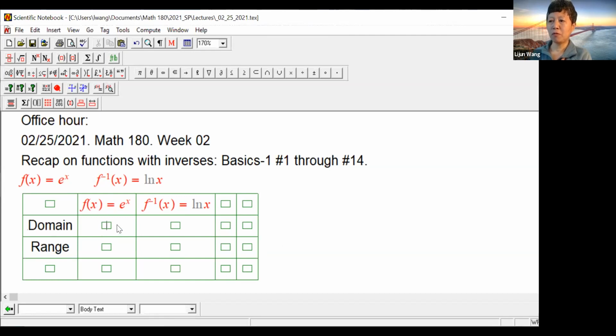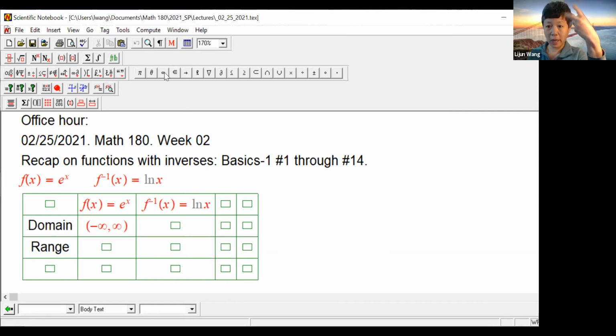What is the domain for e to the power x? In your notebook, you should have a table. You should be able to follow me. Negative infinity to positive infinity. That's right. Very good. From negative infinity to positive infinity.